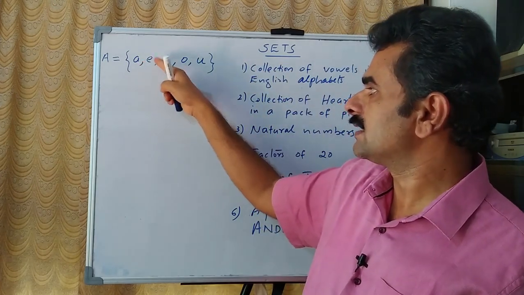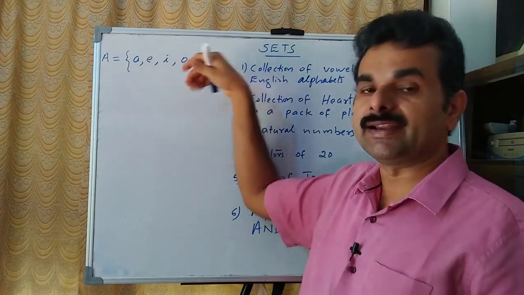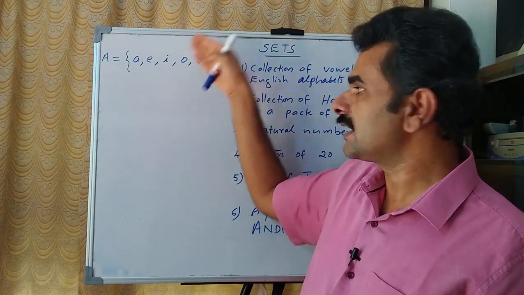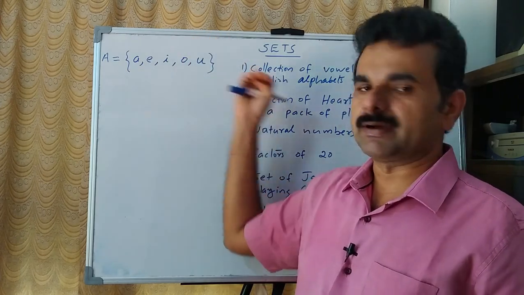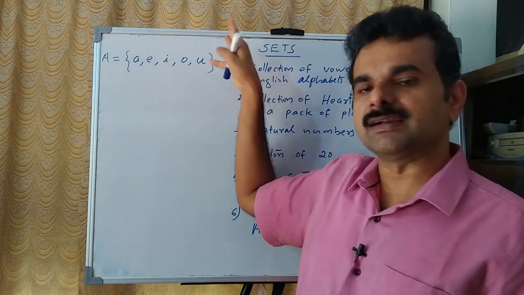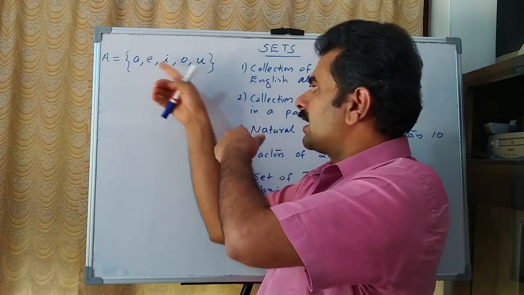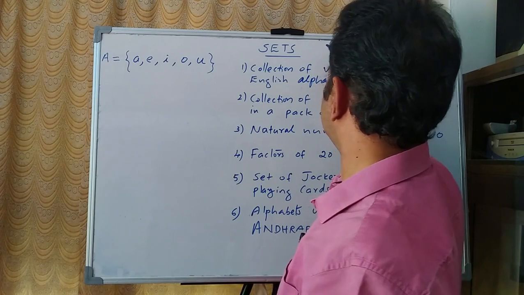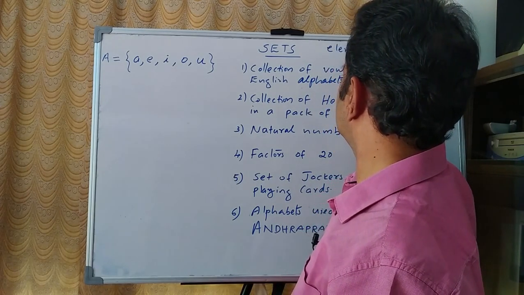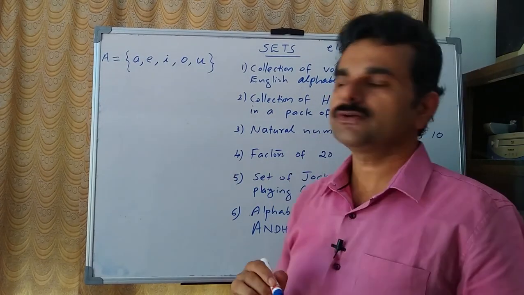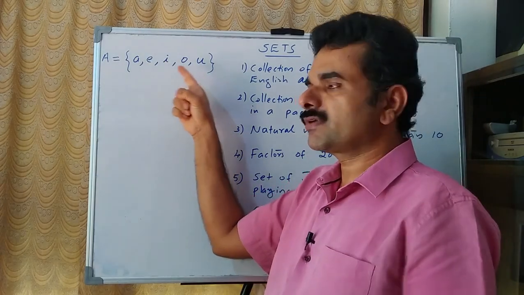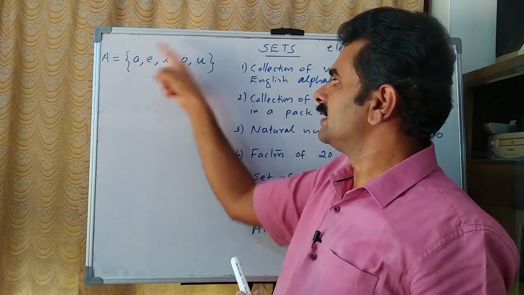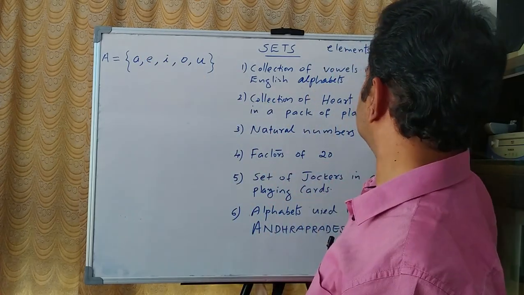We know these are very clearly defined. So such a clearly defined collection of alphabets or objects or anything else, commonly we are calling these objects elements. So these clearly defined elements are categorized under these two brackets, curly brackets.